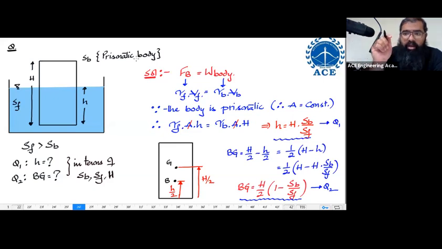Now in a floating body there can be only 2 conditions: either it will be prismatic or non-prismatic. If you have 1 mark questions or IAS questions, they will mostly come on a prismatic body. If there are 2 mark questions, then those questions can be on a non-prismatic body. So the next question we are going to see is the case of a non-prismatic body over here.